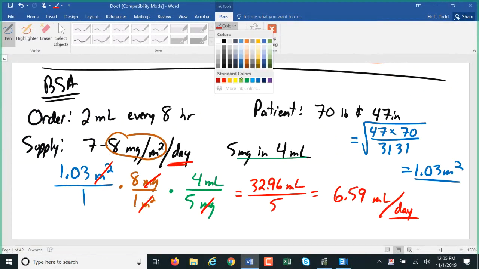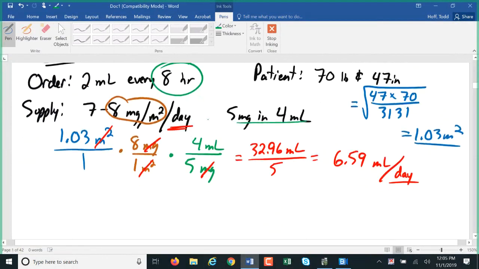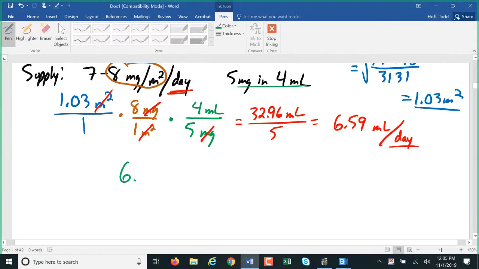Doctor's orders were every 8 hours. Do that titration. 6.59 milliliters, that was calculated per day, so I'm going to put in 24 for 24 hours.